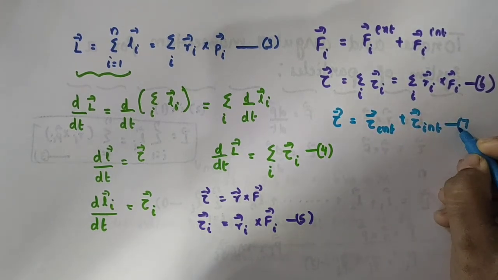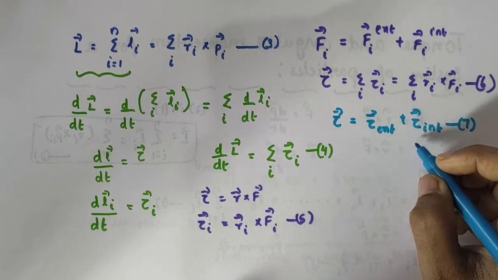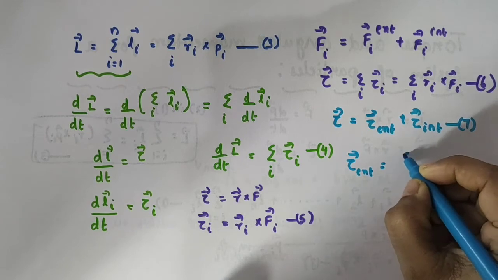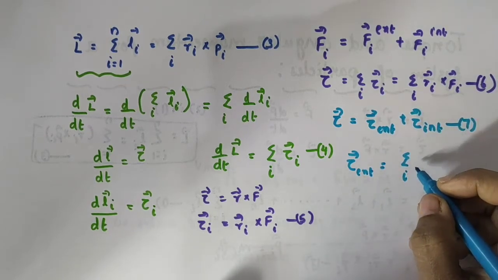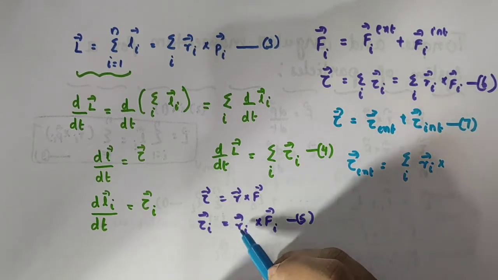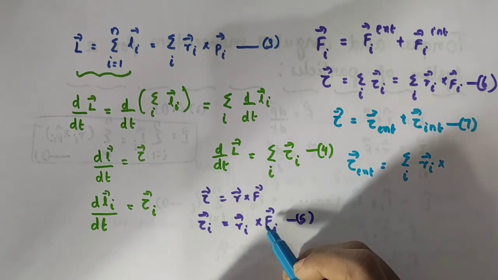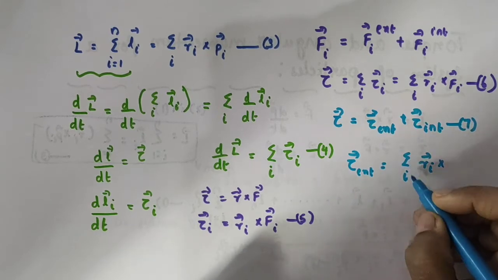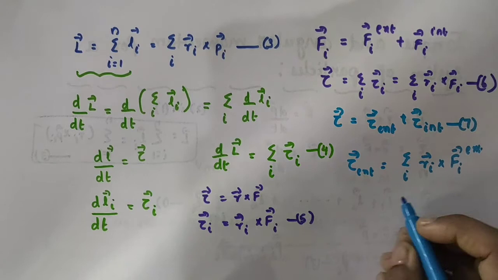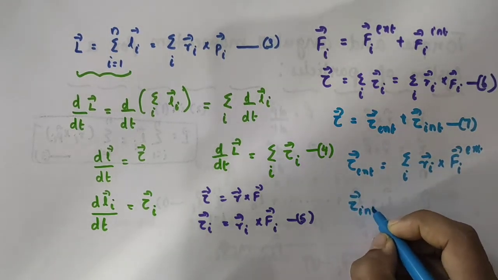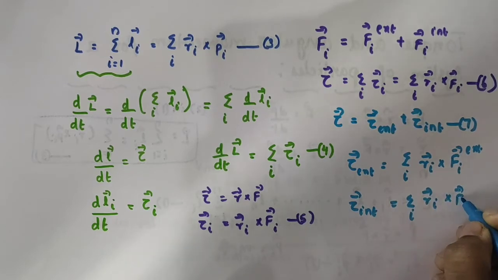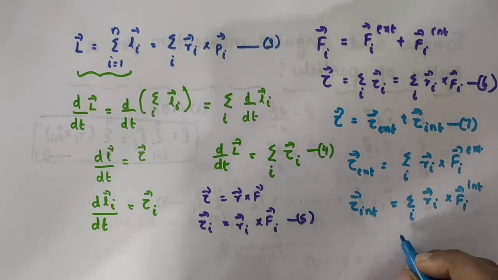I am taking this as equation number 7. The external torque can be written as the summation over i of vector Ri cross vector Fi external, and the internal torque as the summation over i of vector Ri cross vector Fi internal.